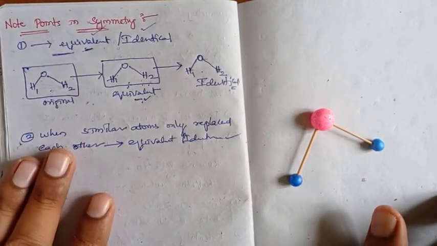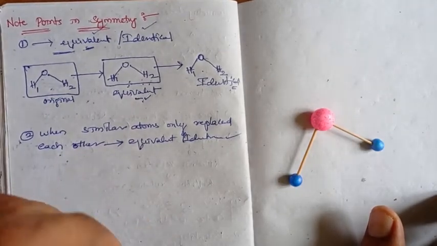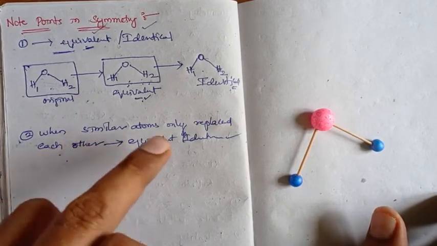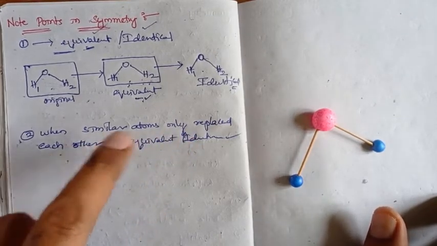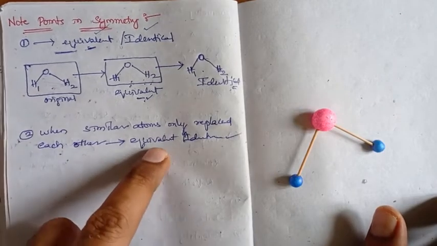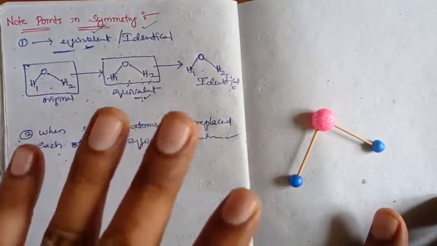Not all the atoms here; in the second case we are considering only similar atoms in the molecule. When only similar atoms in the molecule exchange their positions, replacing each other, in this case also equivalent or identical configurations will be generated.